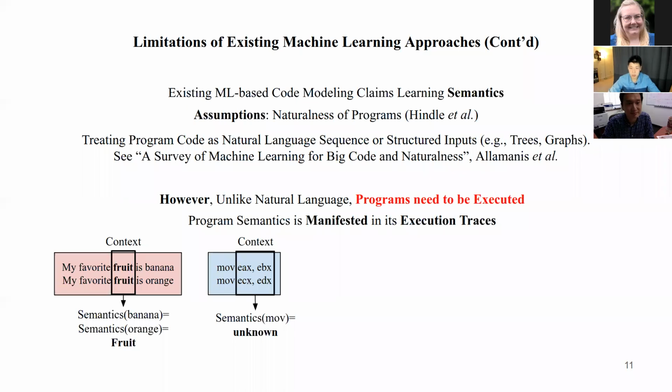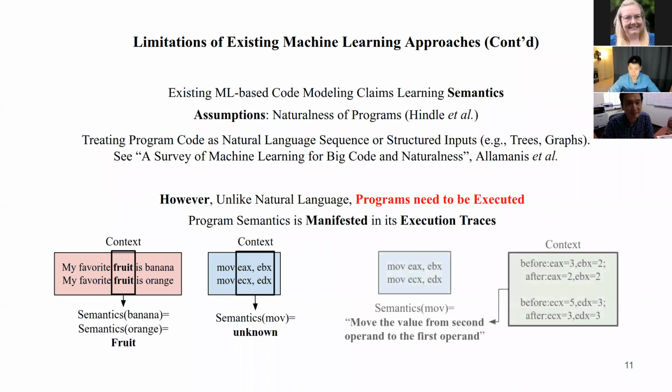For example, here the semantics of move cannot be determined by the names of its operands. Instead, we should observe the execution effect of move based on its traces in order to determine that move indicates moving the value from its second operand to the first operand.